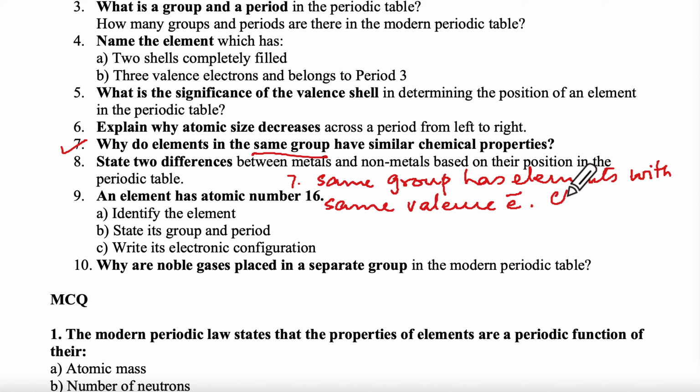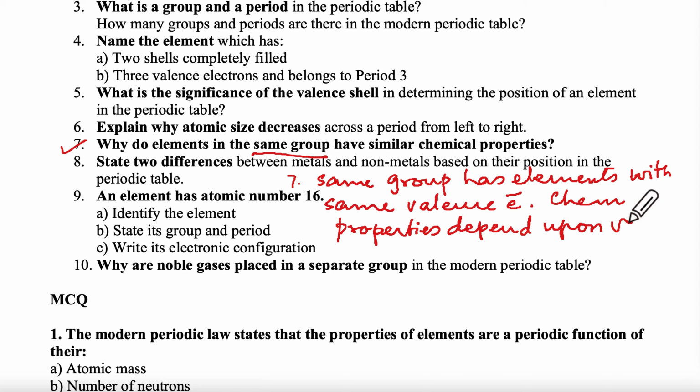Then you will say chemical properties. Chemical properties depend upon valence electrons, correct? Yes, ma'am. Okay, hence, and put dot dot dot. Okay?